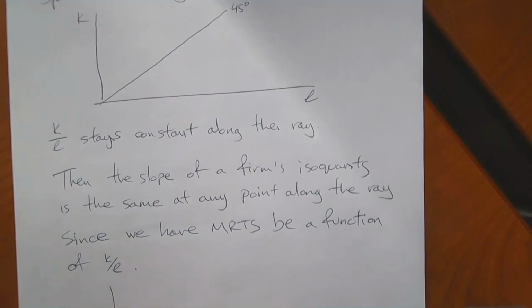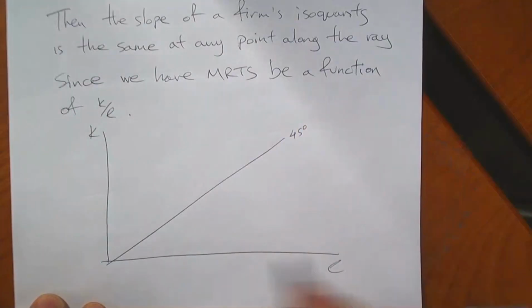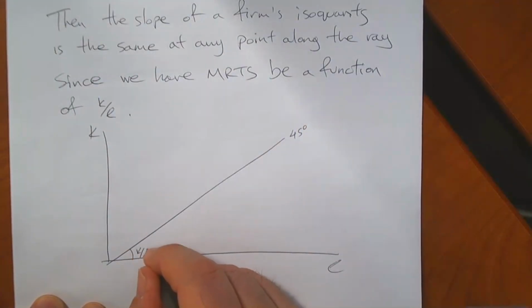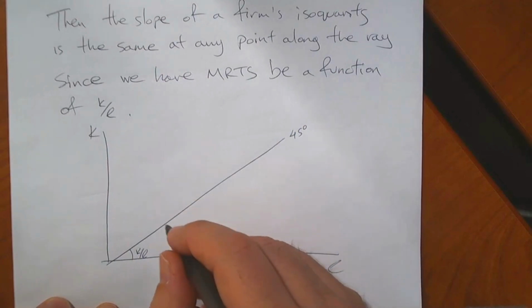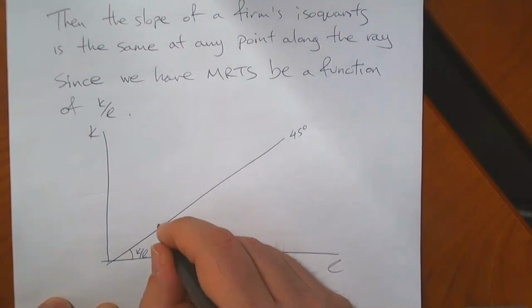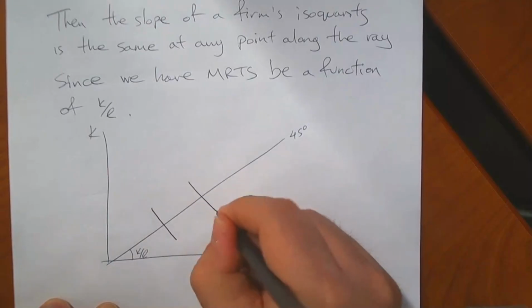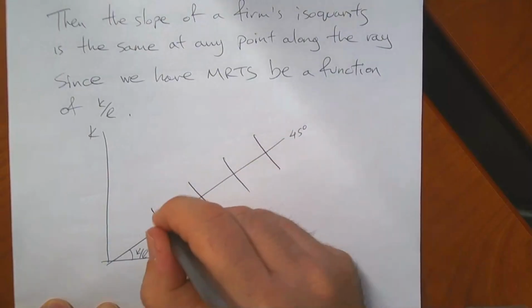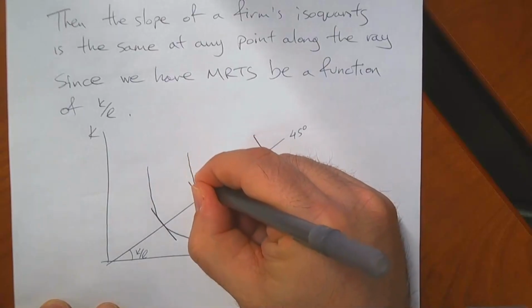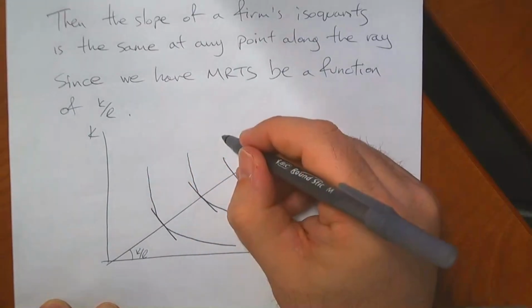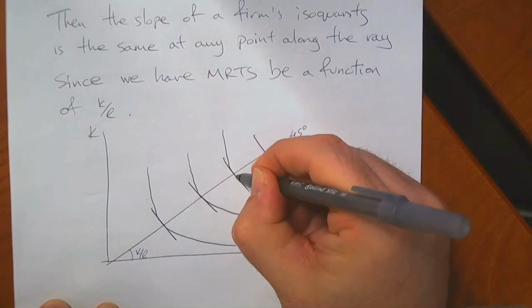So let's redraw this. Capital, labor, 45-degree angle. That's your K over L over here. So you would expect that your isoquants are going to have the same slope along this ray. So every isoquant that comes through is going to have the same slope along the ray.